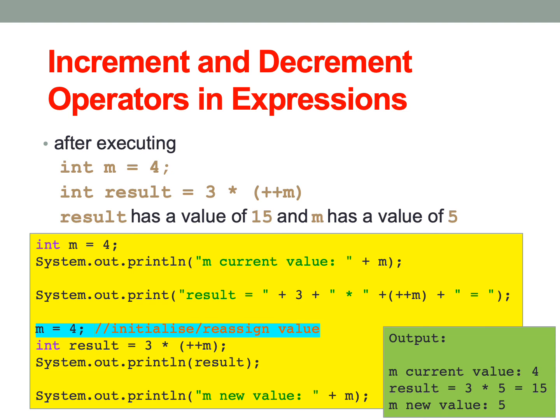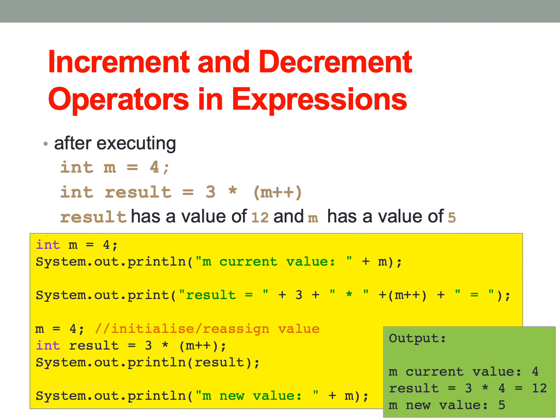If you look at this code, I have m equal to 4, where I comment it as initialize or reassign value. I have to do it because the line before, I have already done ++m. So if I don't reassign the value again, then the final result would be something else.